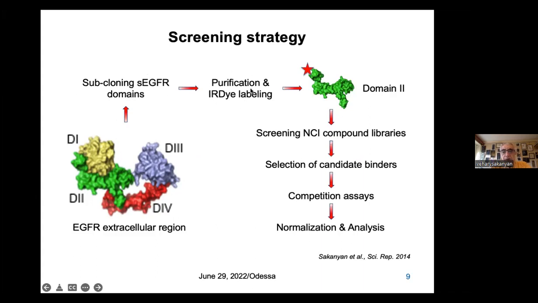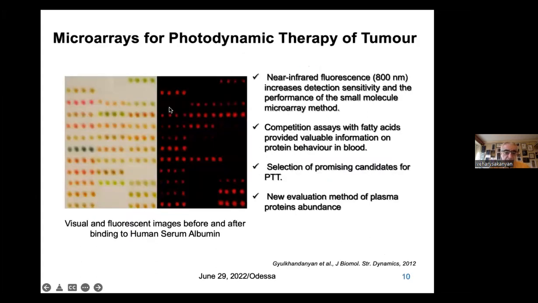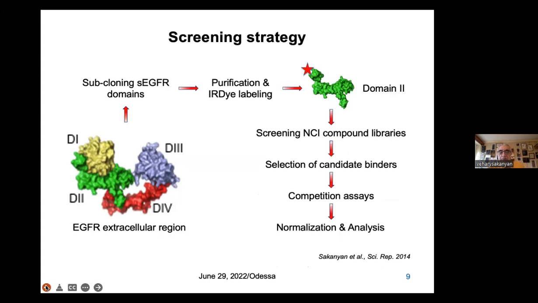We subcloned it, purified it, labeled it with fluorescent dyes, and used it for screening chemical libraries which were available at that time. We used, for example, the National Cancer Institute compound libraries, about 3,000 pharmacophores. This means preliminarily selected molecules which possess some kind of biomedical interest, and we tried to find the molecules which can be interesting for us.